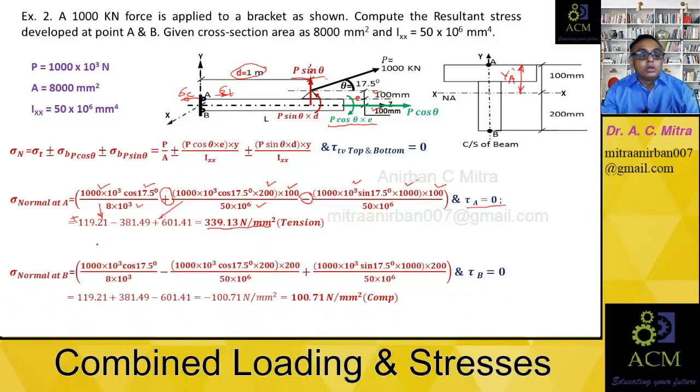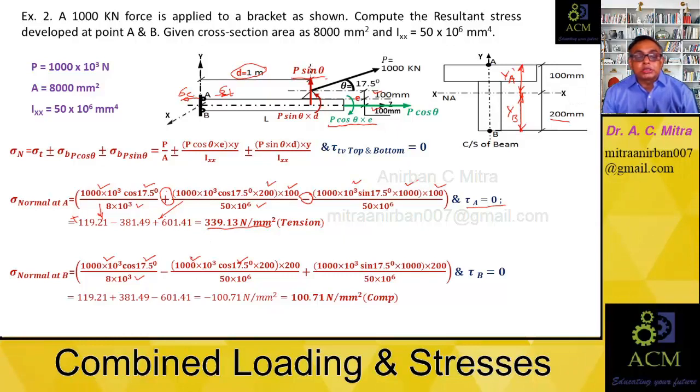Same thing. Now we want to find out the normal stresses at point B. So at point B, it will again be tensile stresses due to the P cos theta. So it will be 1000 into 10 raised to 3 into cos 17.5 divided by area. Then again, bending stresses due to P cos theta, everything is the same. It will be the moment due to the P cos theta.